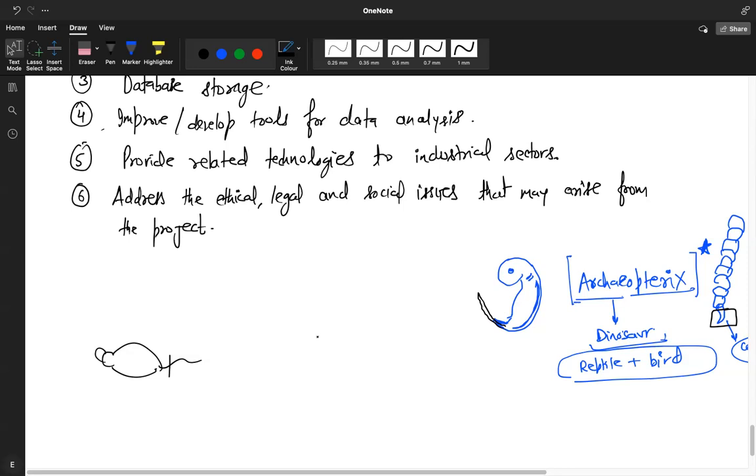And when you knock out that gene, or remove that gene, or disrupt that gene, or make it non-functional, then even when two tailed mouse reproduce, if from the zygote after fertilization you removed that gene, then the mouse will be tailless, right?